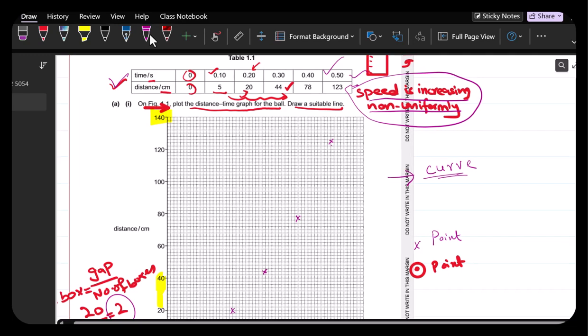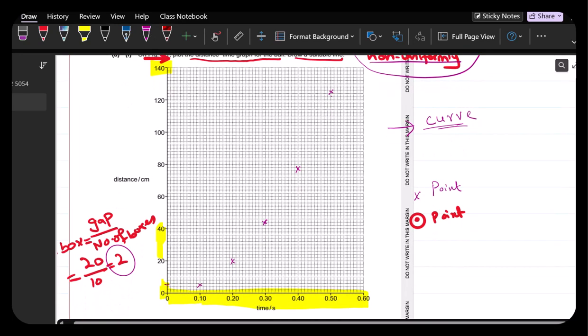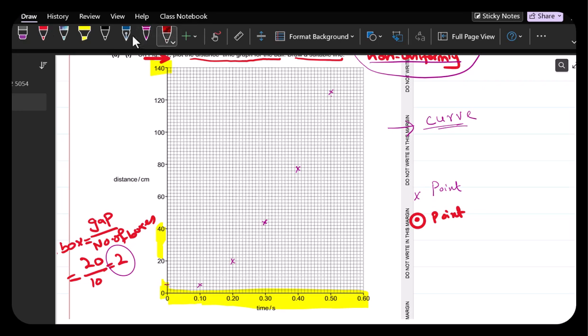So now I am going to plot it. I try my best to draw a best line here. So it will be somehow like this, like this, and this. So hope this is clear.